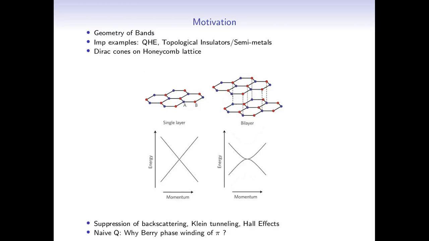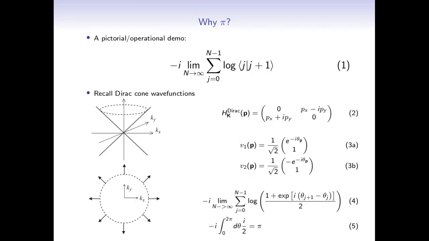One way to understand this is that these Dirac points actually contribute a pi or minus pi winding of the Berry phase. And one other question is why it can be pi. For a Dirac cone, you can solve this problem exactly and calculate the Berry phase by taking the limit of the log of the inner product.